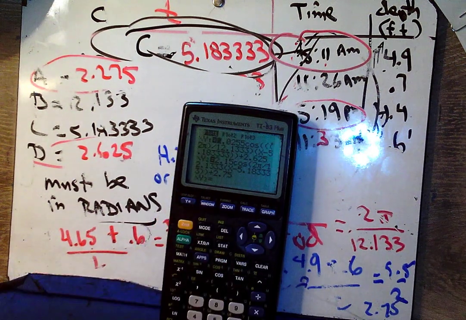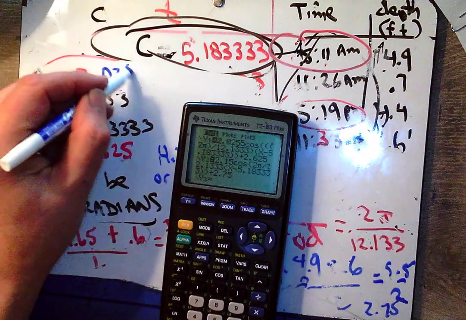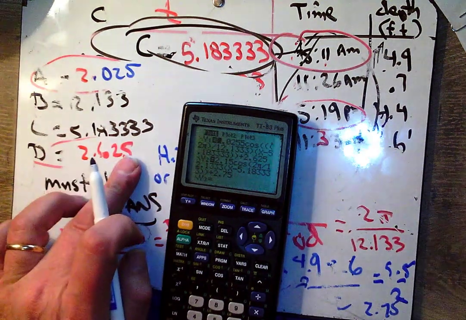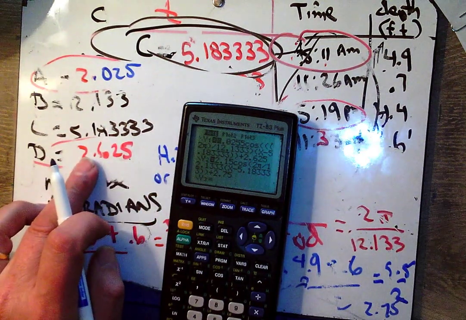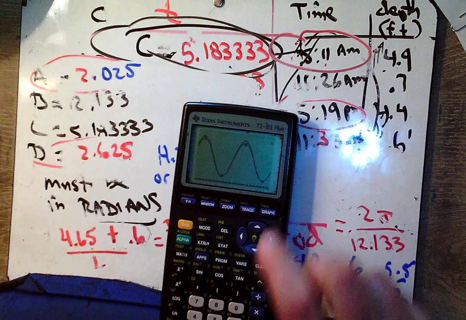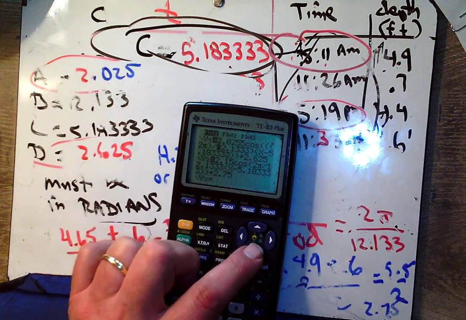Okay, so we've got 2.025, and this one is 6. Oh, let me try it again then. Wow, I like a lot of what's going on there, but I'm having difficulty seeing it.